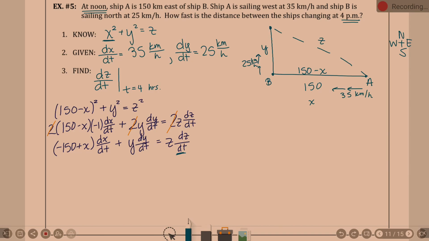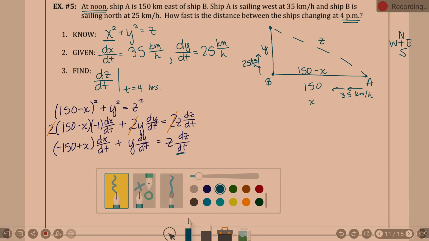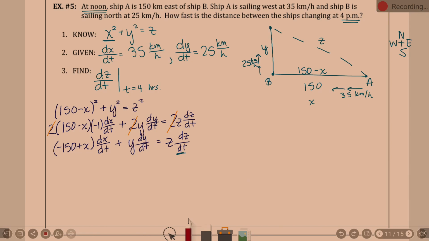Now, we already have dx dt, dy dt. So the keys we have to know are x, y, and z, yes? Let's talk about our boats. X and y are the two that we really have to work with.